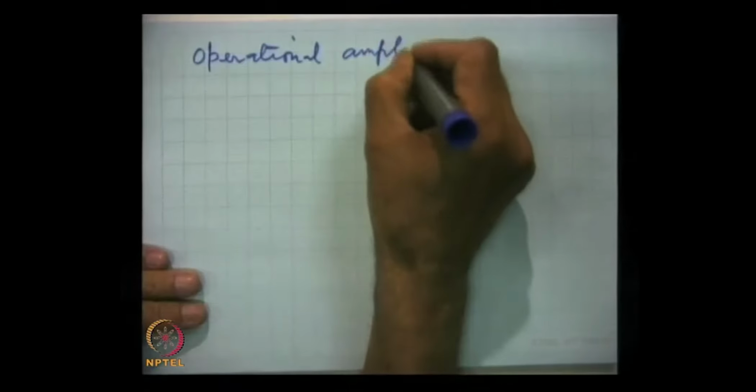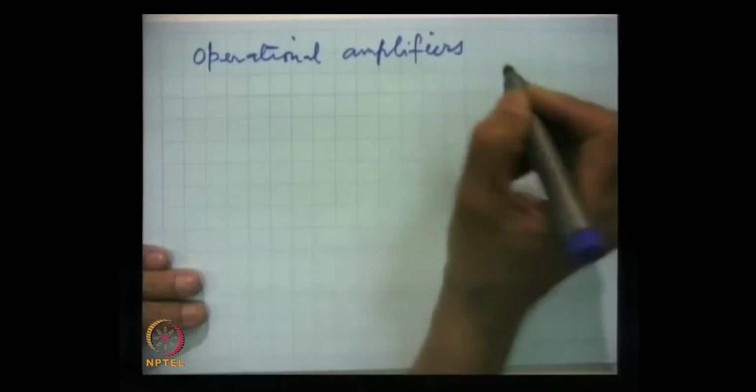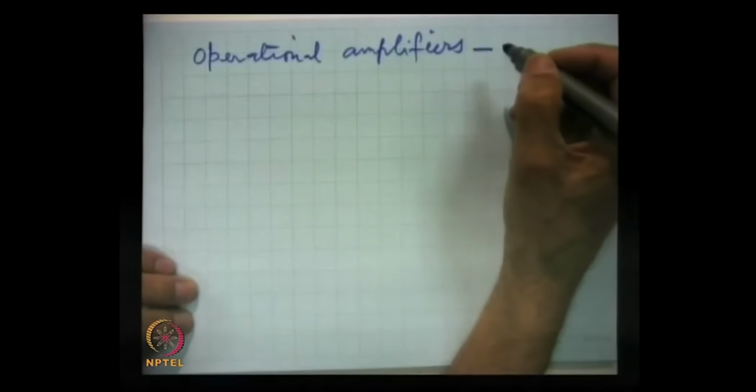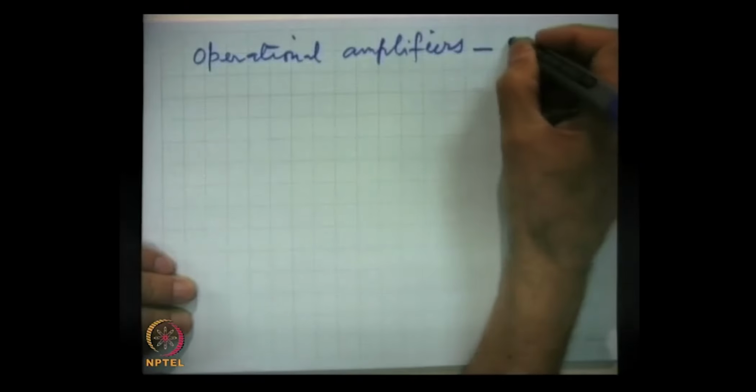Differential amplifiers form the first stage of operational amplifiers, which we are going to study now. So, we take up now operational amplifiers. Operational amplifiers, in brief and most commonly, are called op-amps.